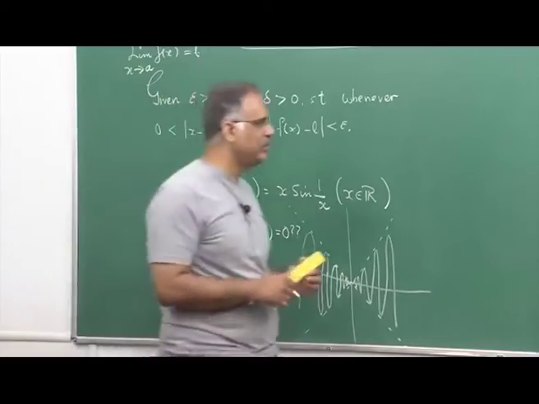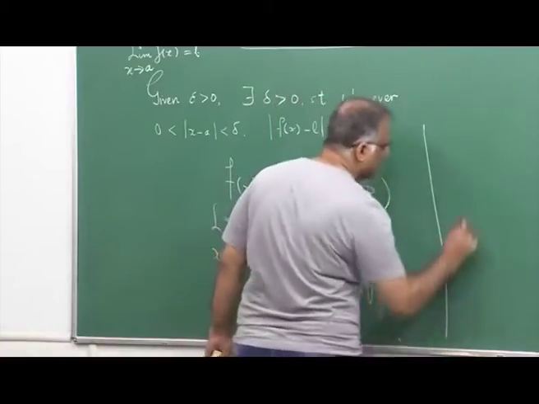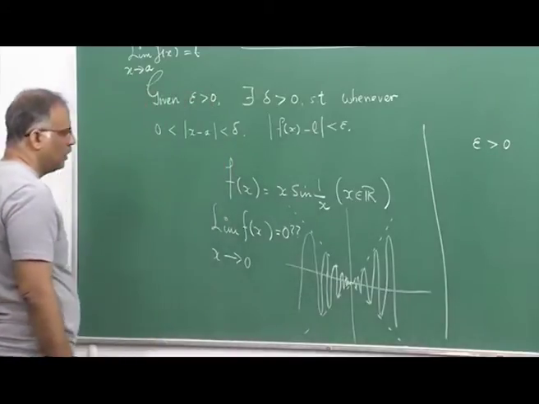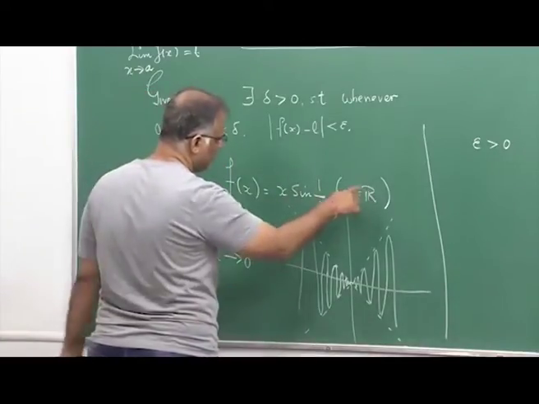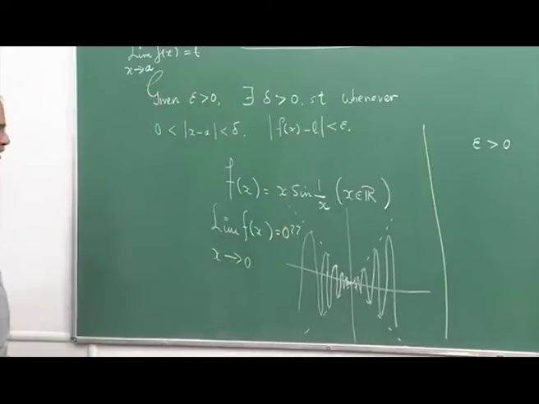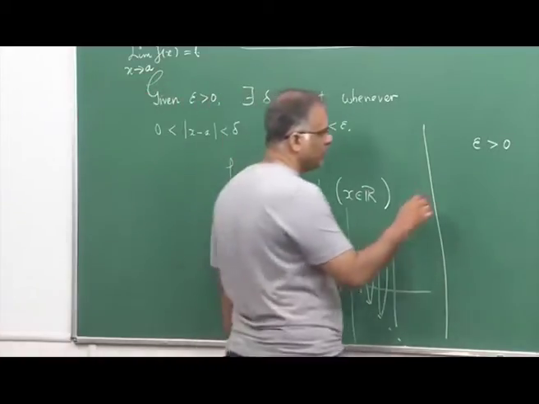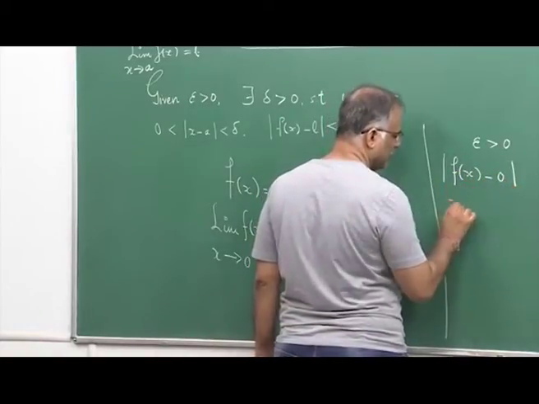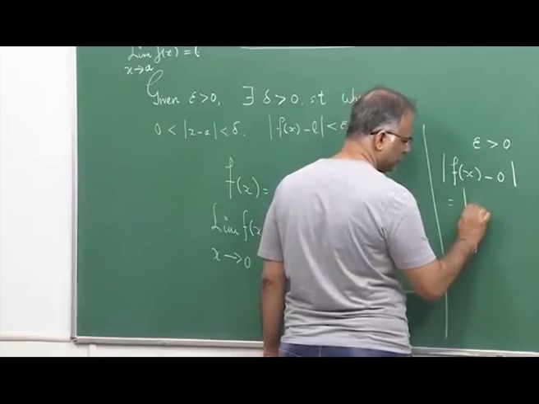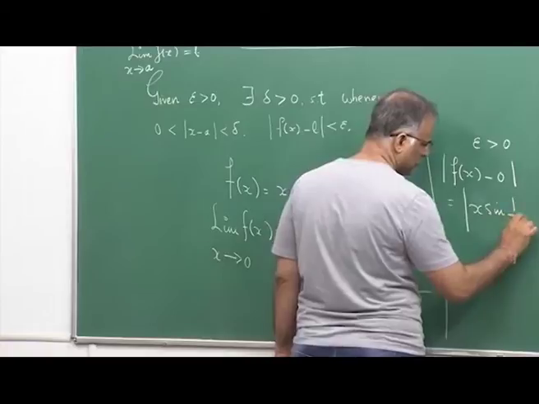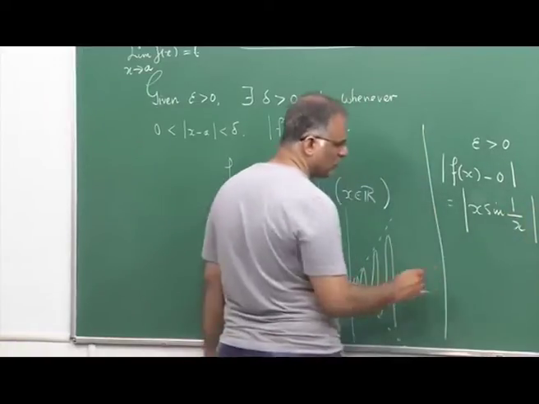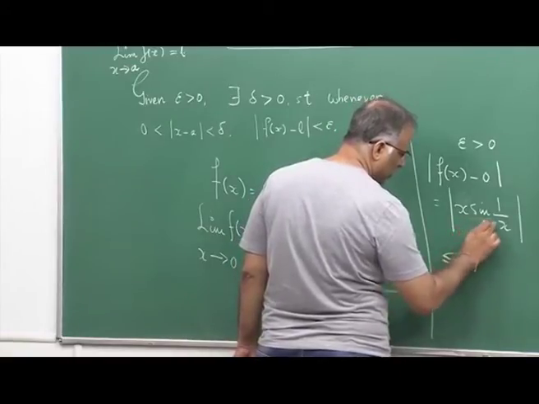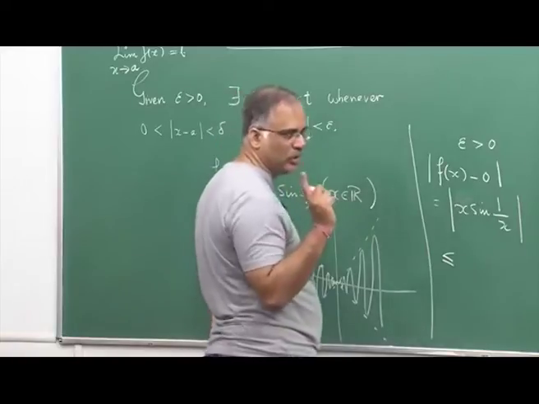But here it turns out that it is very simple. Take any epsilon greater than 0. I want to make this strictly less than epsilon, because now I am just looking at this. If the limit L is 0, then I am looking at |f(x) - 0|, which is the same as |x sin(1/x)|, which is less than, now |sin(1/x)| is less than 1.